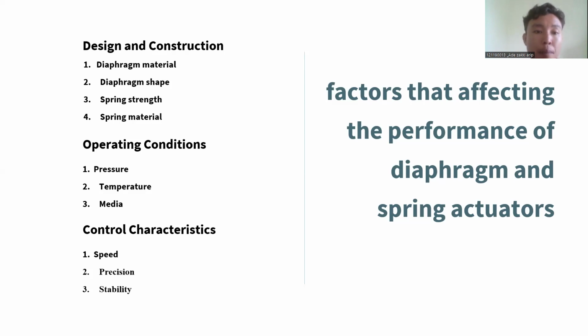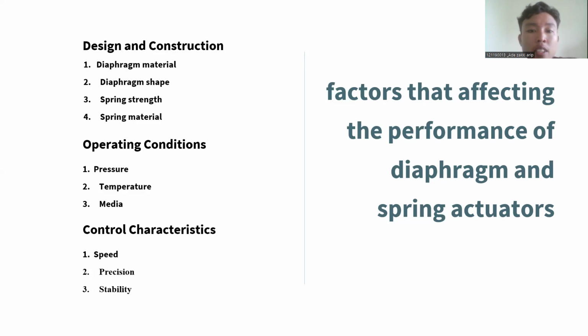The next is operating condition. Point number one is pressure. The pressure applied to the diaphragm will affect the resulting force and displacement. Higher pressure will produce greater force and displacement. Next is temperature. Operating temperature can affect the material properties of the diaphragm and spring.